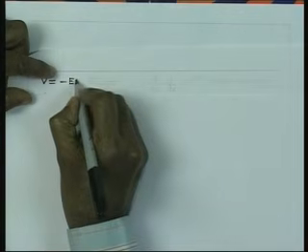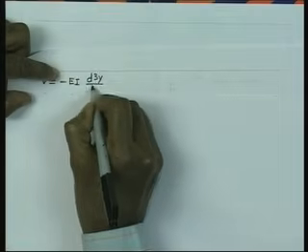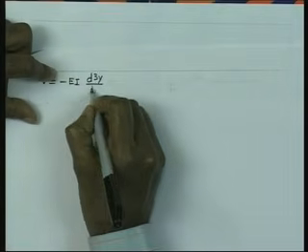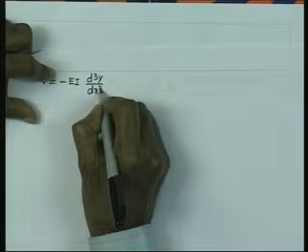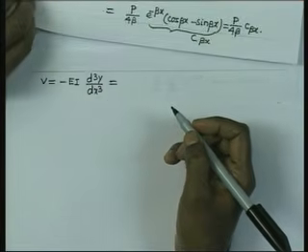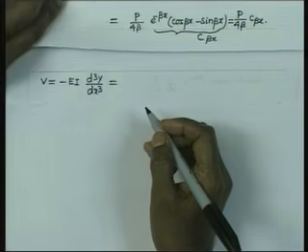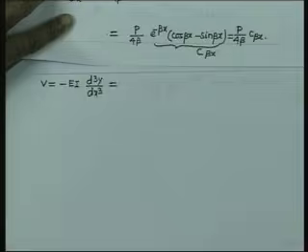Let us see what is going to be the value for shear force. Shear force is equal to minus EI d3y by dx cube, and we can take the value for d2y by dx square, which we have already got.